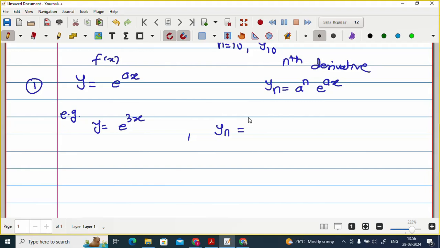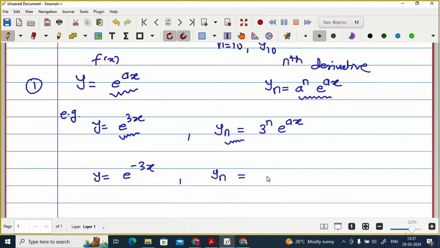By using this formula: if y is e raised to ax, its nth derivative is a raised to n into e raised to ax. So if y is e raised to 3x, then yn will be 3 raised to n into e raised to 3x, because a is 3. Okay, suppose I have y is equal to e raised to minus 3x, then what will be yn?